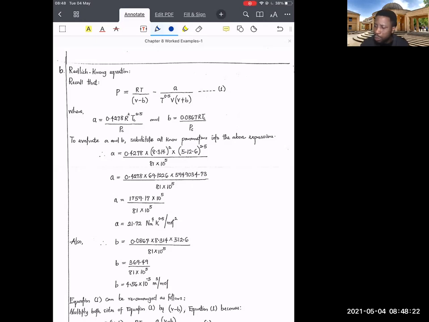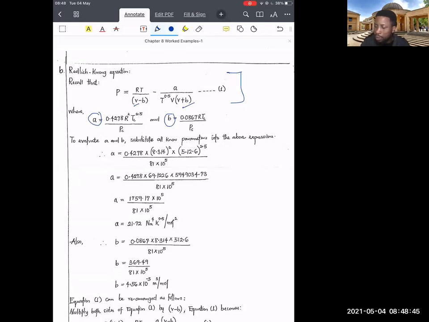So we've got the expression, we've been given this, and also remember we are looking for V. It's V we are looking for. So the very first thing we need to do is calculate our A and B values. We need them here. We need them there.